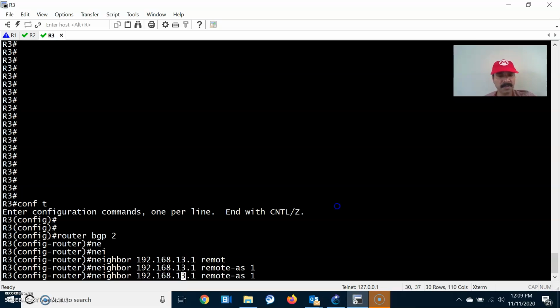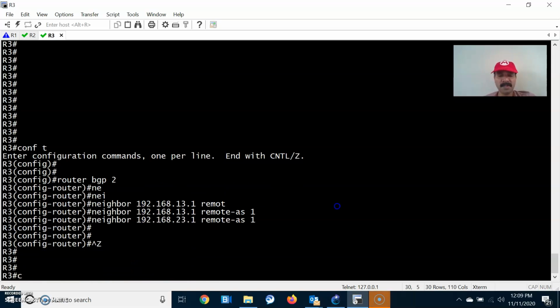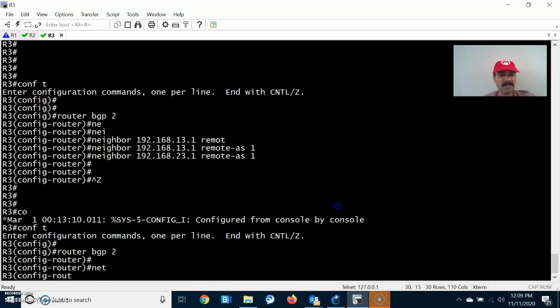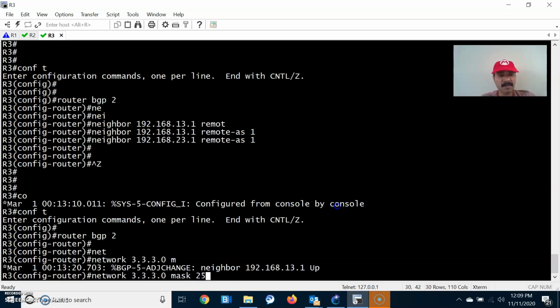It has two EBGP neighbors. Similarly, we'll advertise the prefix. The prefix is 3.3.3.0, a loopback address that I already defined, which I am advertising via the network command, and the mask is 255.255.255.0.